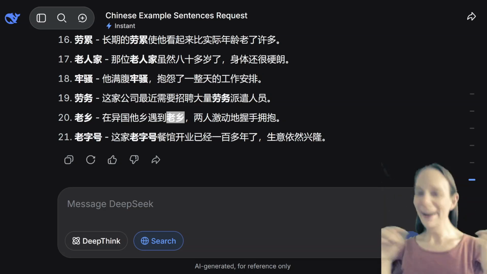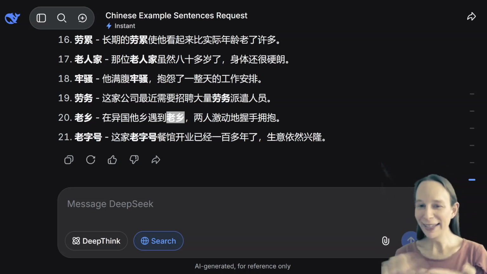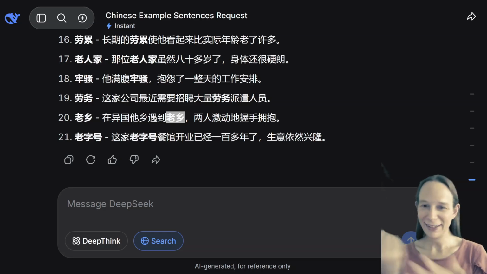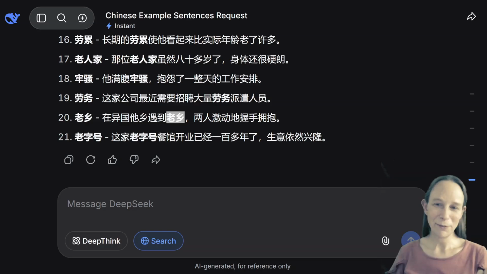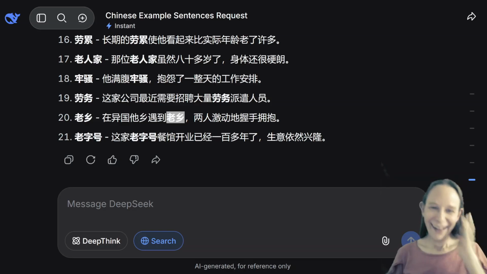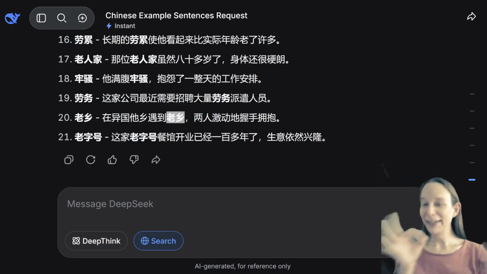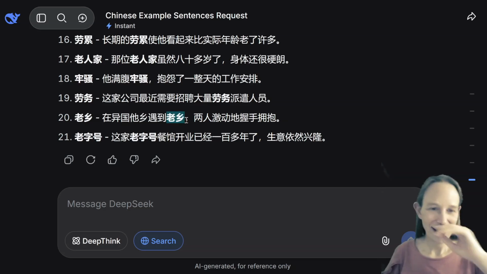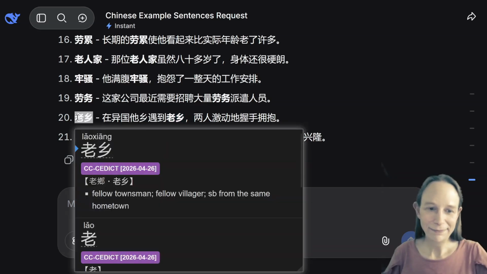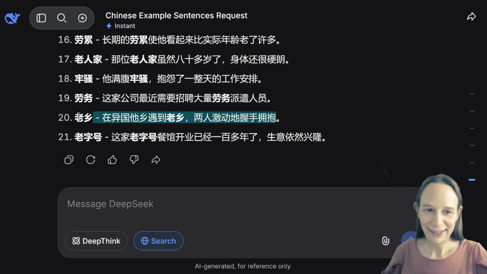So when I put my address on the hotel form for a booking, it's like, oh, I used to live there. I was like, what? It was a really, really specific place to live. I very much doubt anyone would know this place, unless you're from Melbourne. All right. 老乡. All right.